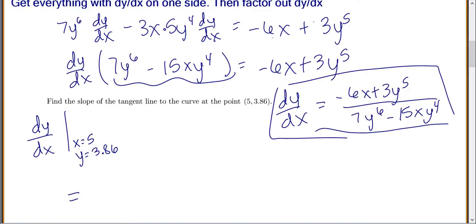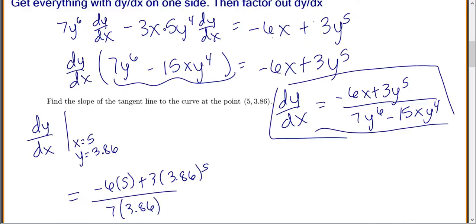You put those in everywhere you see x's and y's up above. So this is going to be negative 6 times 5 plus 3 times 3.86 to the fifth, over 7 times 3.86 to the sixth, minus 15 times 5 times 3.86 to the power of 4.